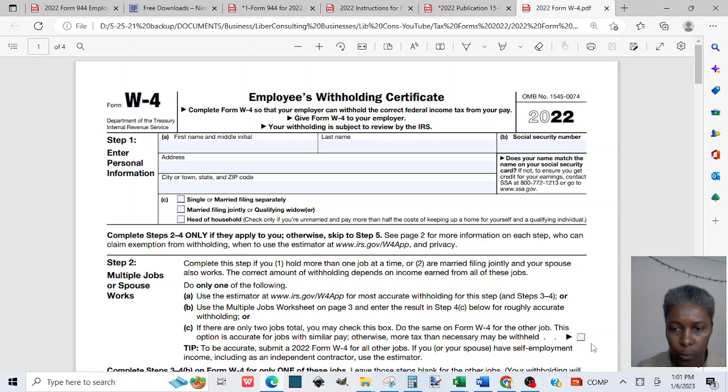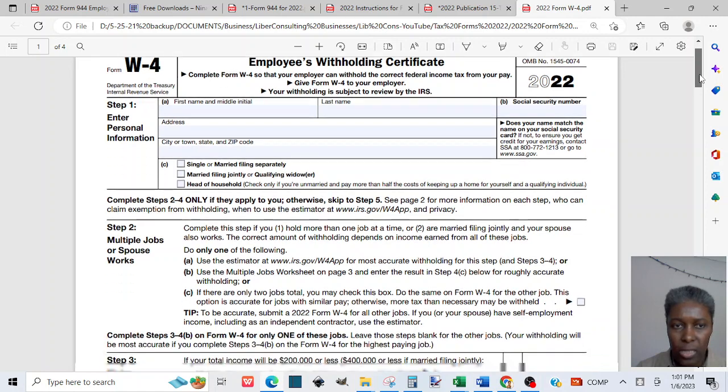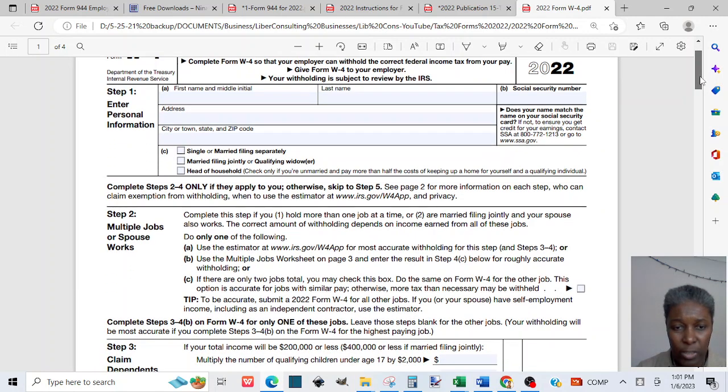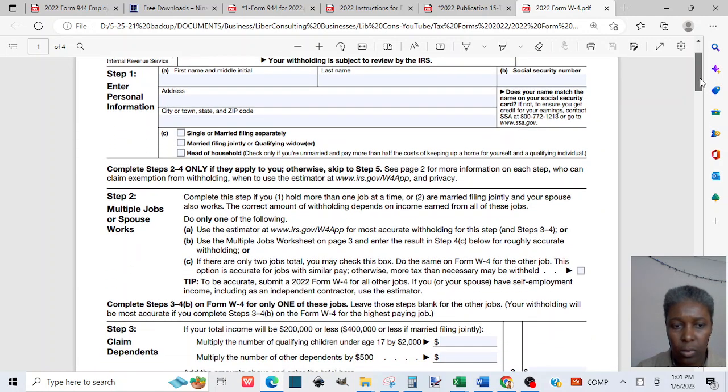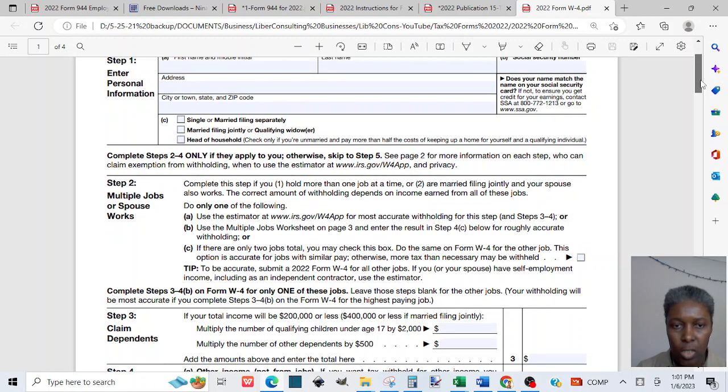So that will be the box here. What I like to do is for W-4 to just complete it simply. Based on how the W-4 is completed, for every single staff member, it will affect how much you will withhold from their wages. So pretty much that's what that is.